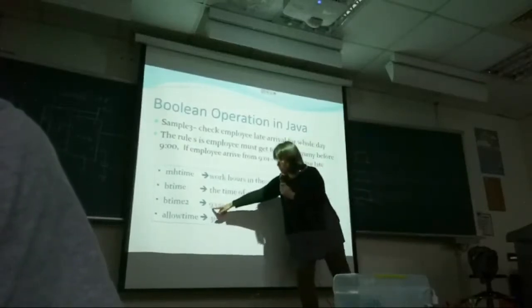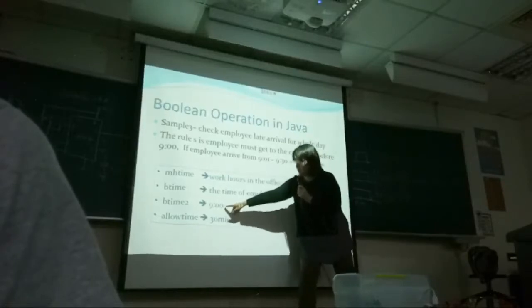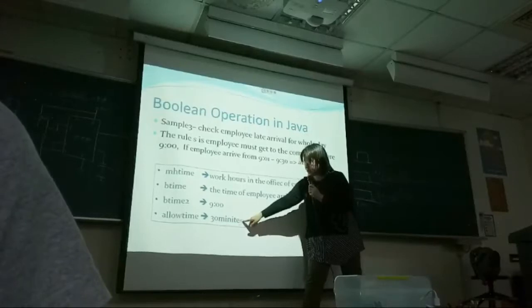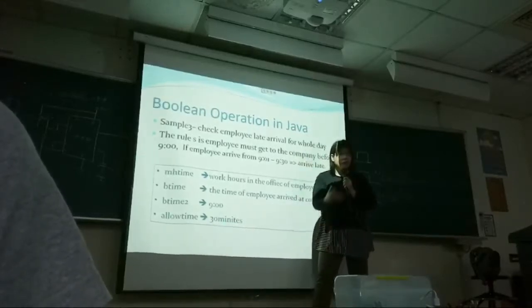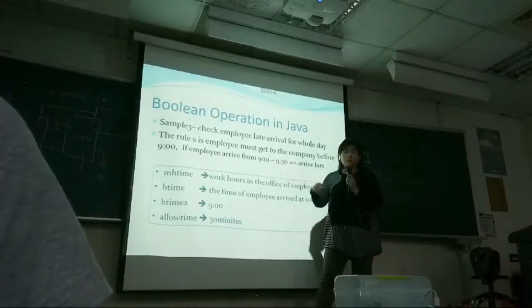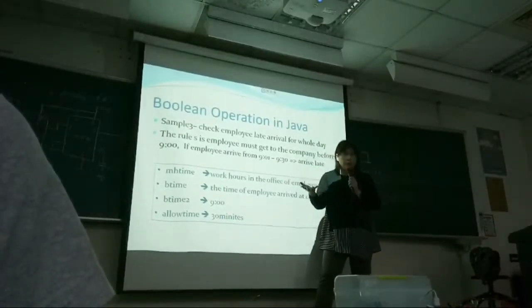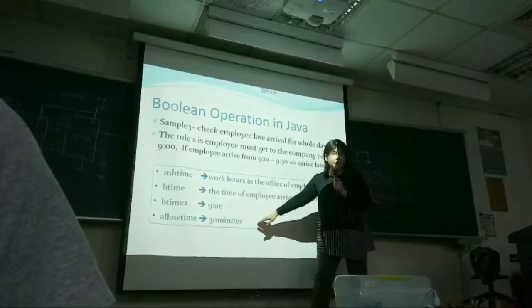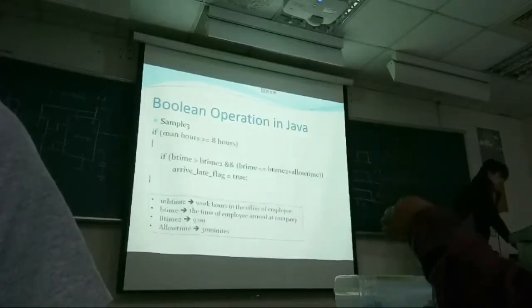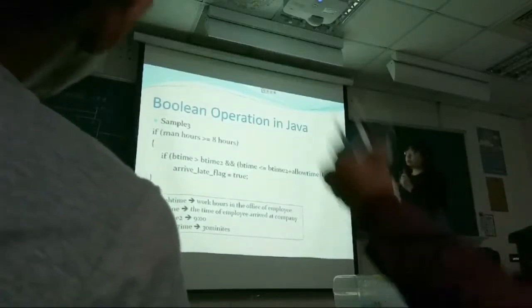The B time also means the least time the company allowed. Allowed time means 30 minutes. You have 30 minutes to go to the company. If it's more than 30 minutes, you must take off. That's the rule. So I write a Boolean.